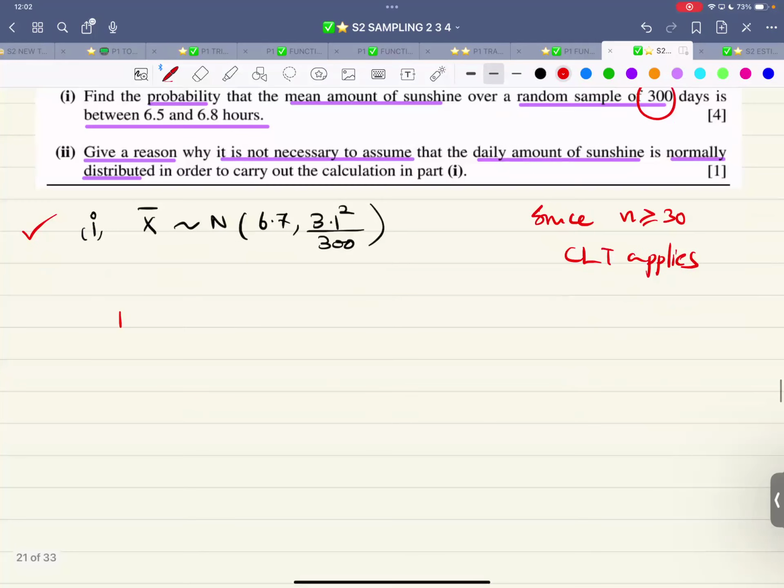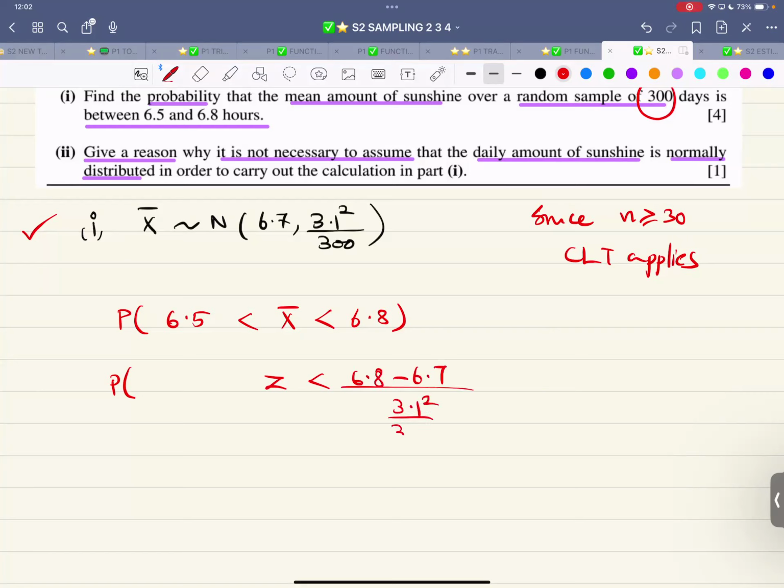The rest of the working, I'll simply write it down. Probability X bar lies between 6.5 and 6.8. Probability Z lies between (6.8 minus 6.7) divided by the square root of 3.1 squared over 300, and 6.5 minus 6.7 divided by the square root of 3.1 squared over 300.